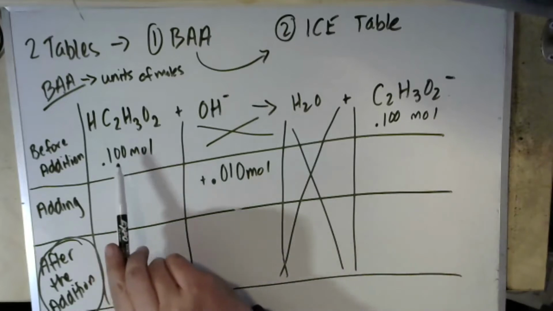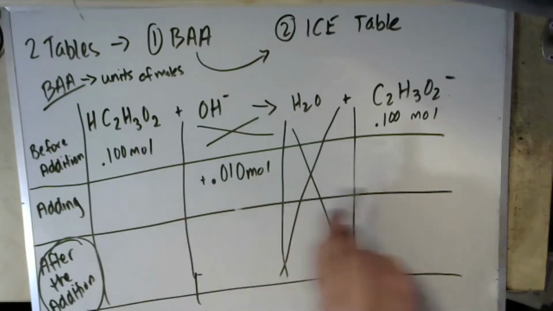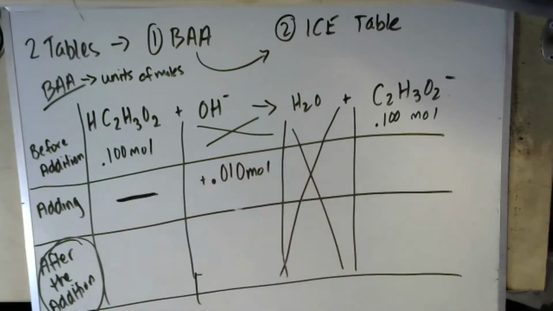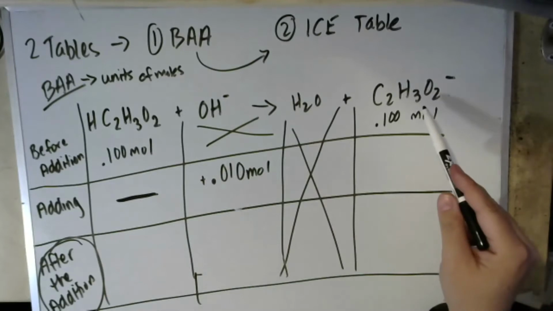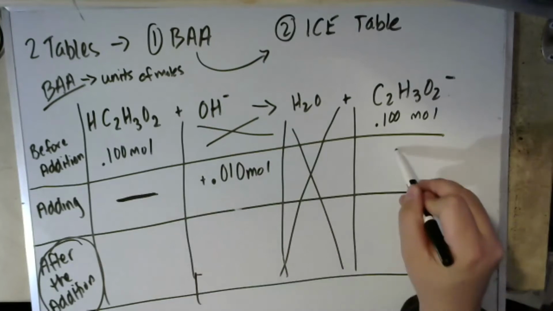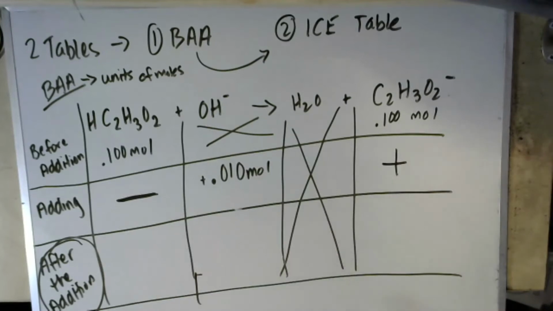So we're using up this weak acid to form product. So we're going to put a minus sign here because we're going to be using that up. We're going to be forming the acetate when these two things react. So I'm going to put an addition here. Okay. And now we're going to see what's left after the reaction happens.